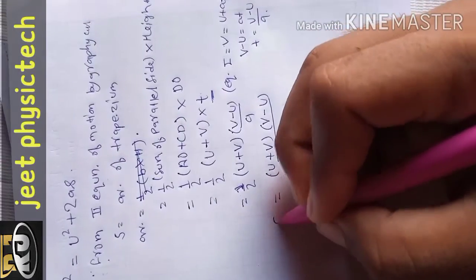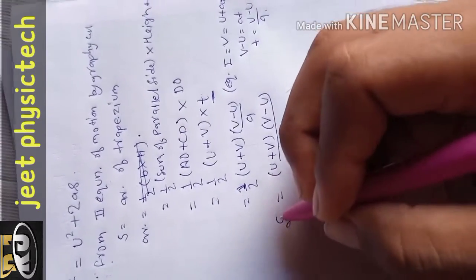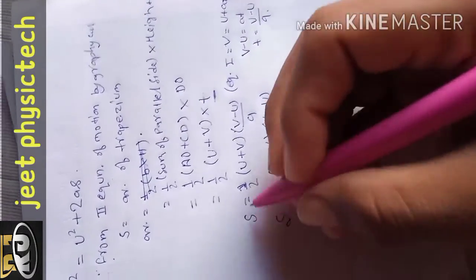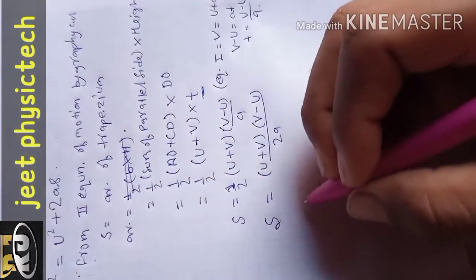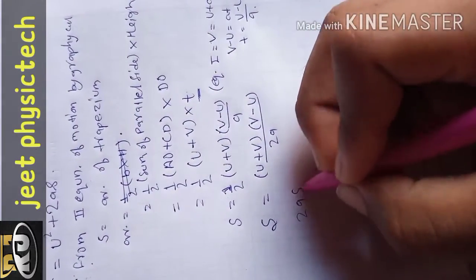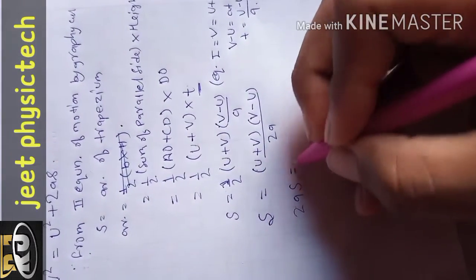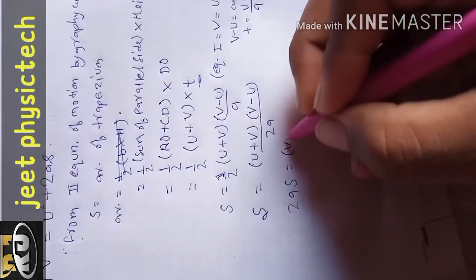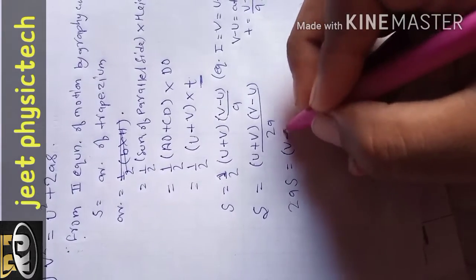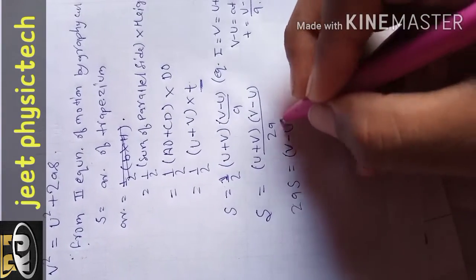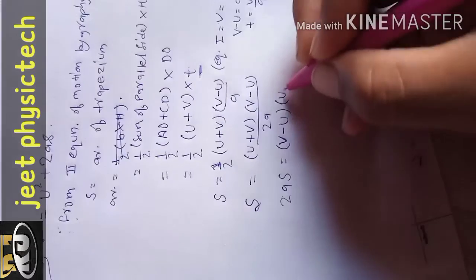Here we are finding the value of s, so s is equal to (u plus v)(v minus u) upon 2a. 2a comes to this side, so 2as is equal to (v minus u)(u plus v).